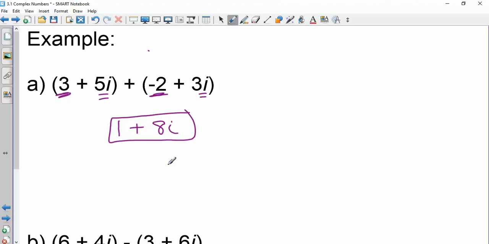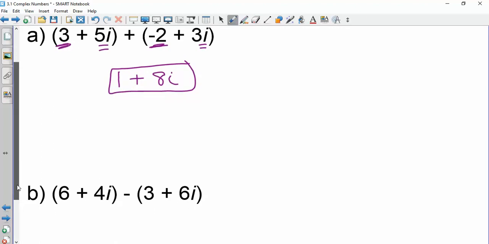I will tell you that when we work with these, I will always say to put it in standard form. So if you write 8i plus 1, that's technically incorrect, just because it's the wrong form. They always want the real number first. It's just a notation thing.